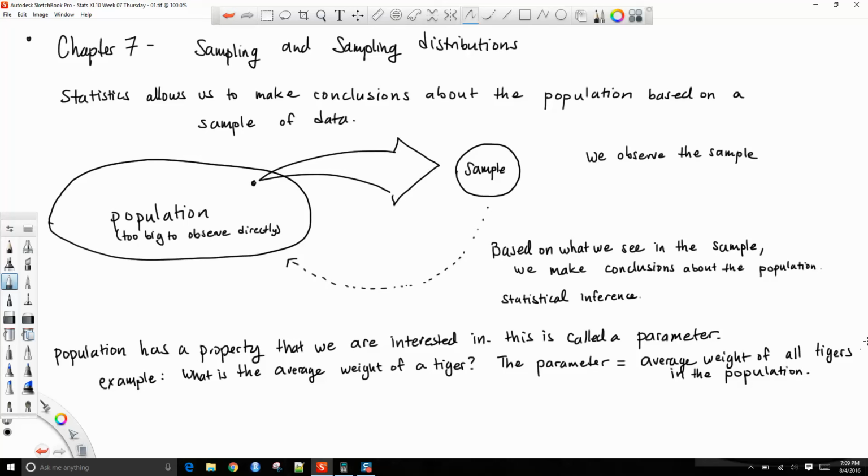And again, the population is too big or too difficult for us to observe directly, so we have to observe a sample instead. Okay? And so the corresponding value in a sample is called a statistic.